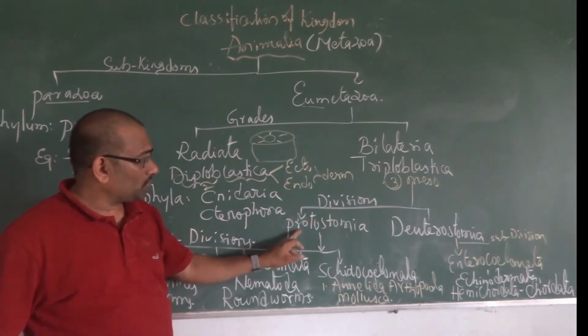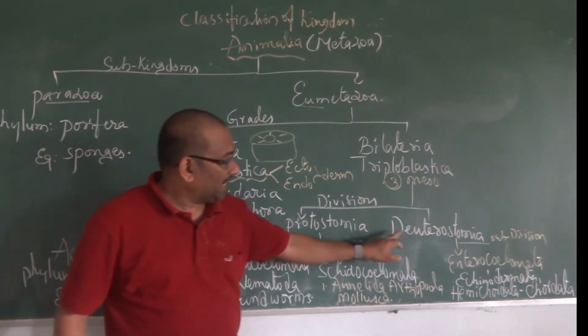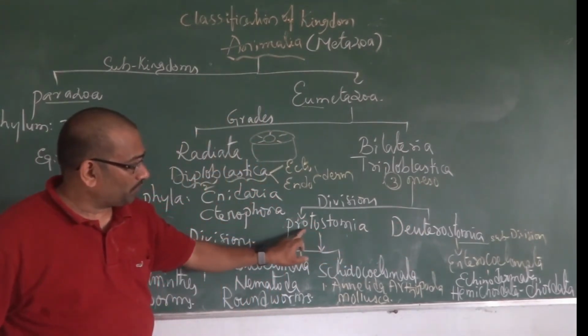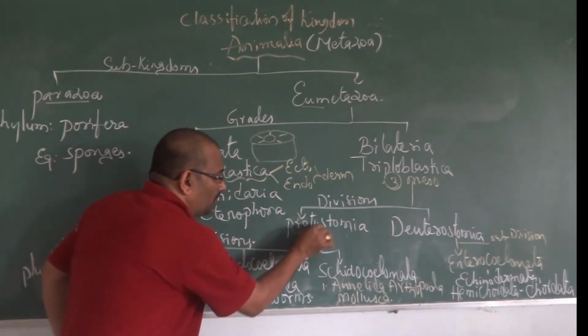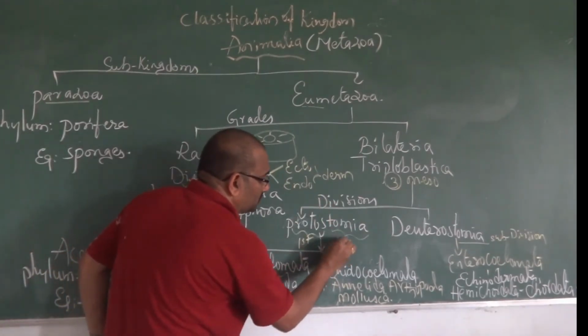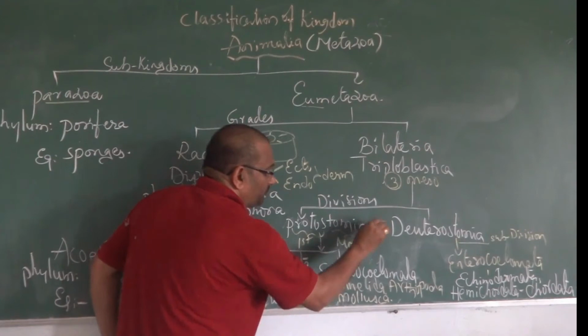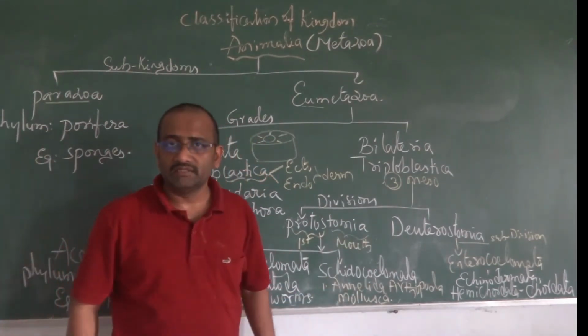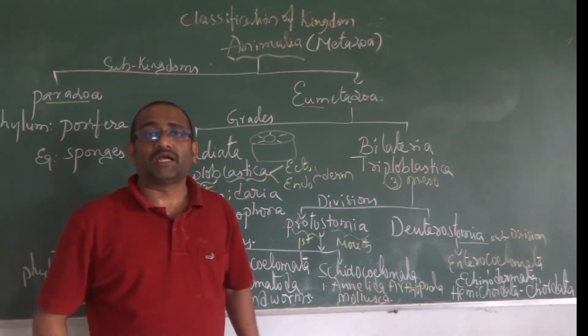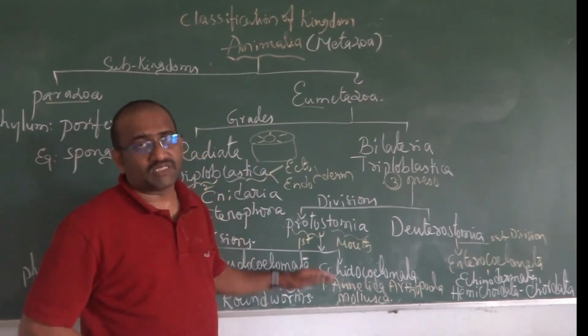So this Bilateria grade is divided into divisions. There are 2 divisions: Protostomia is the first division, and Deuterostomia is the second. Division Protostomia: proto means first, stomium means mouth. In the embryonic stage, the blastopore is converted into the first mouth.